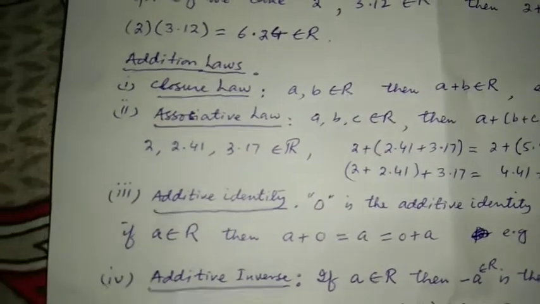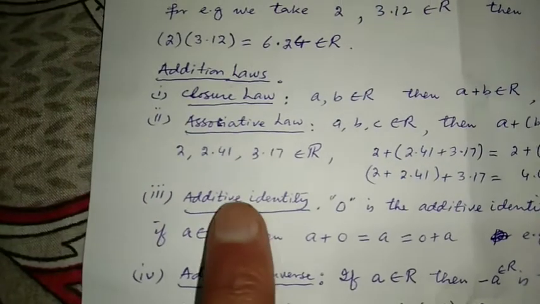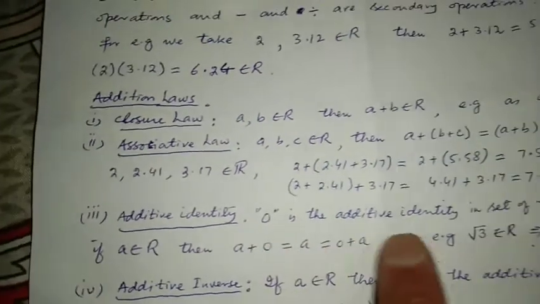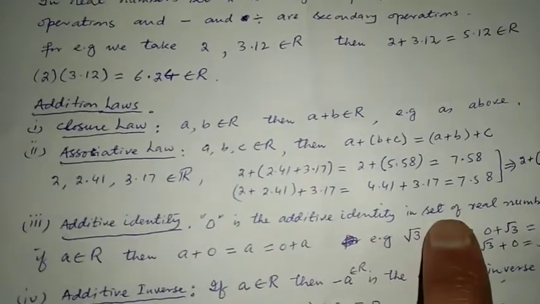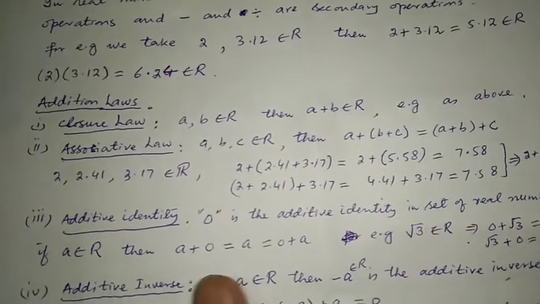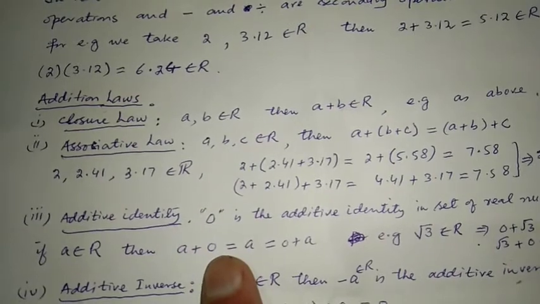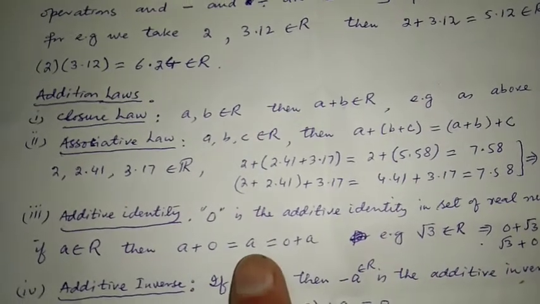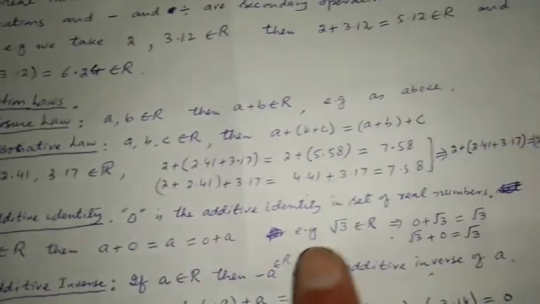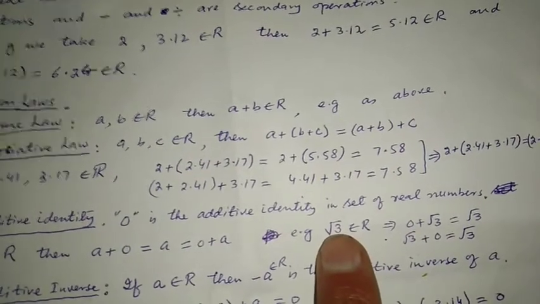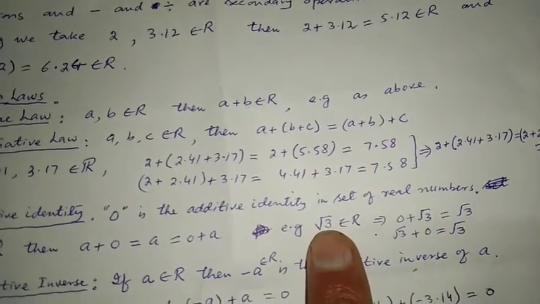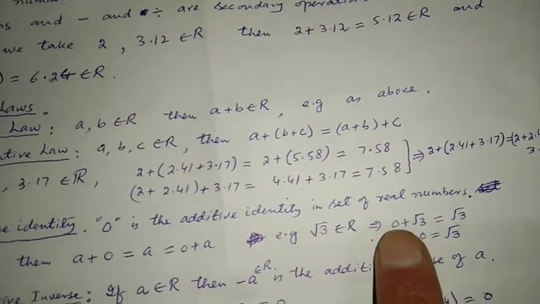Now the third law, additive identity. So 0 is the additive identity. When we add this additive identity to any real number from the left or from the right side, the answer will be that real number. For example, we are taking under the root 3 from the real number set and we are adding it with 0.